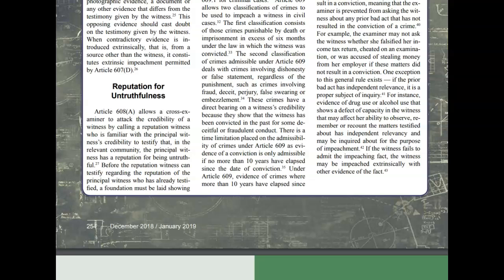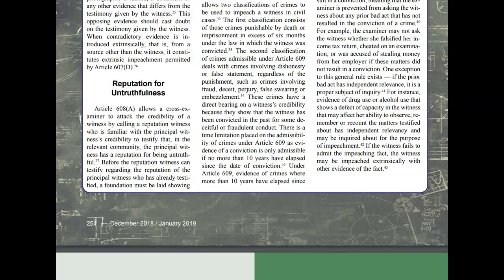Also under Article 608A, now this is very similar to Article 405. As you know, under the mercy rule, a defendant in a criminal case can bring in a good reputation witness to testify that the defendant has a reputation for doing things that are good, like being nonviolent or doing things that are truthful.